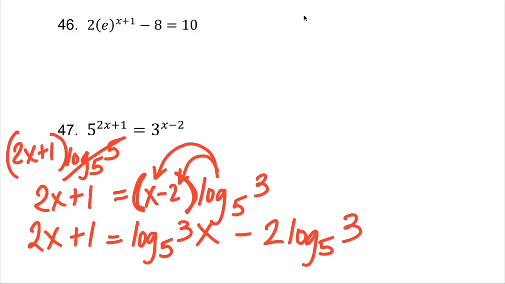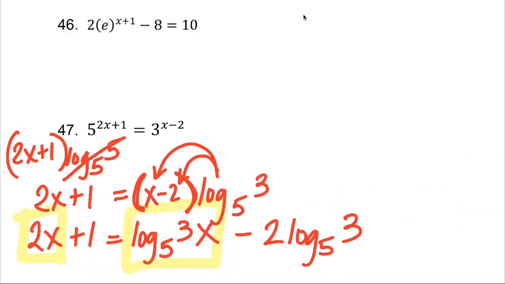At this point, now I'm going to use the same 3 steps that I had you guys write down that you do every single time you have multiple x's in an equation and you're just trying to solve for one. So this term has an x and this term has an x. So I'm just going to box those. I want those to be on the same side. So I'm going to move the log base 5 of 3 times x to the left, and then I'm going to move the 1 over to the right.